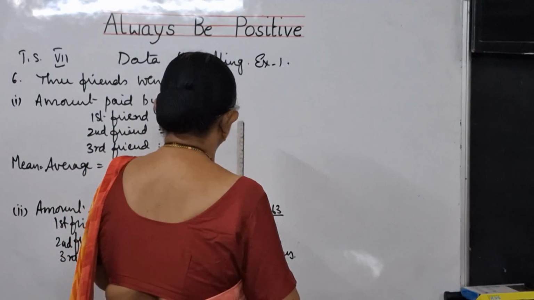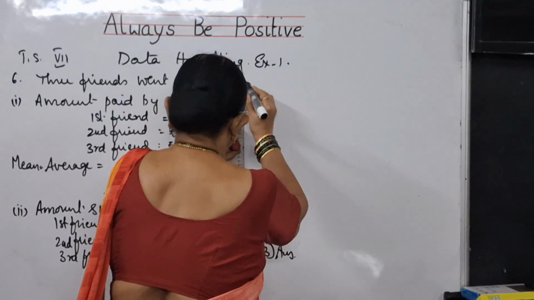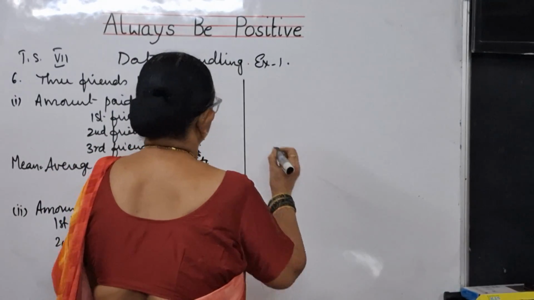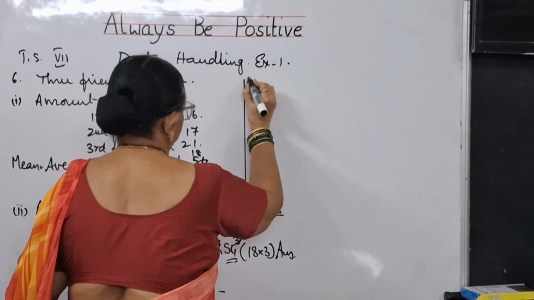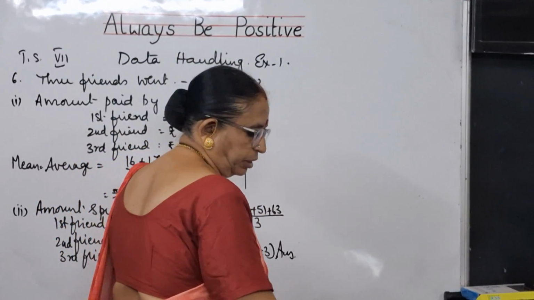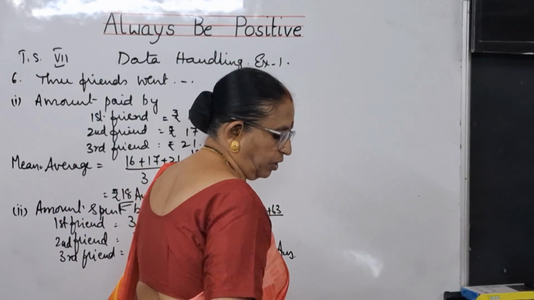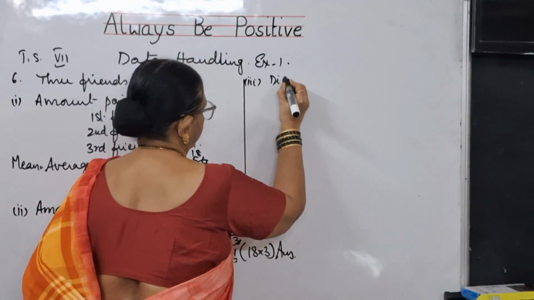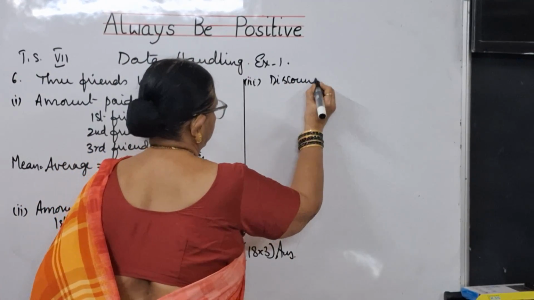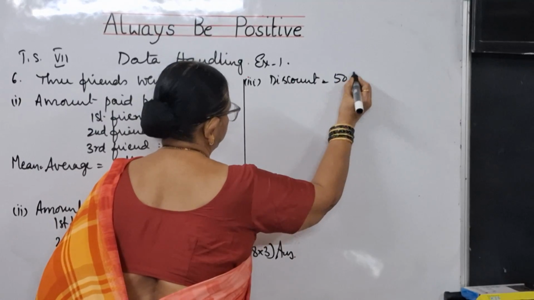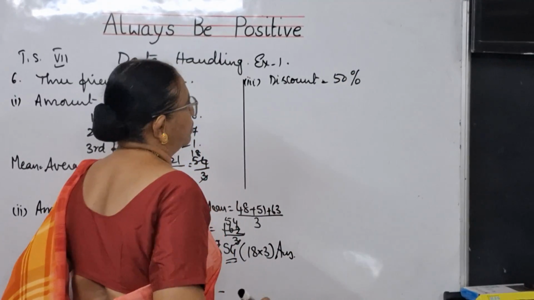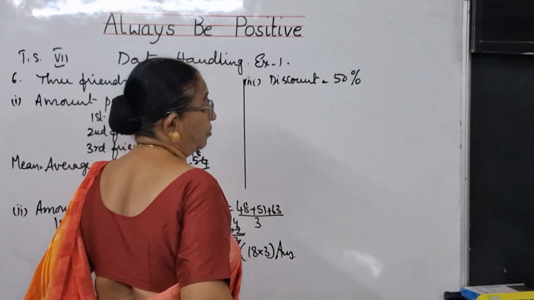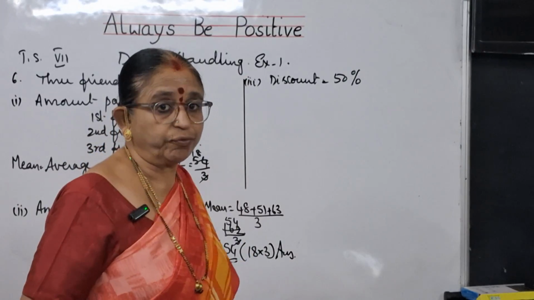Now, we'll go to the third one. What is the third bit? If the hotel manager offers 50% discount, that means the cost will be reduced to half.